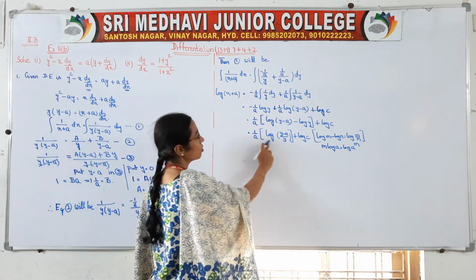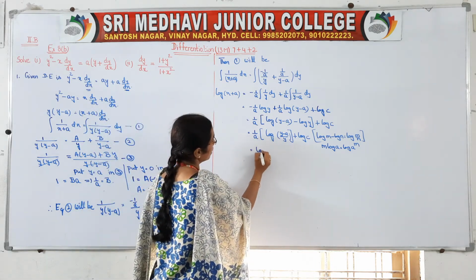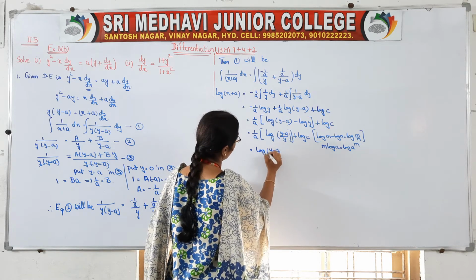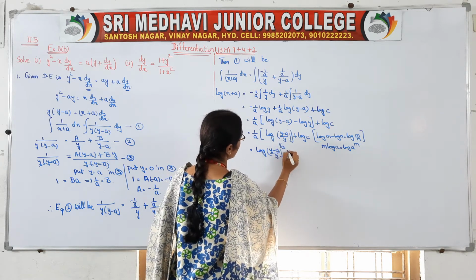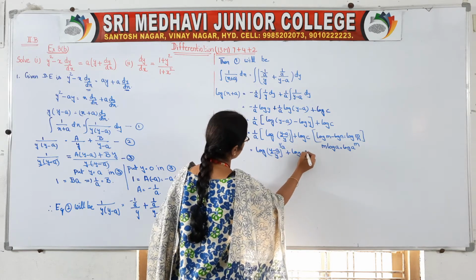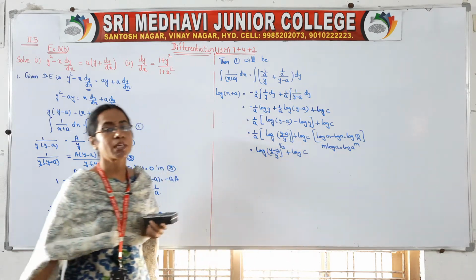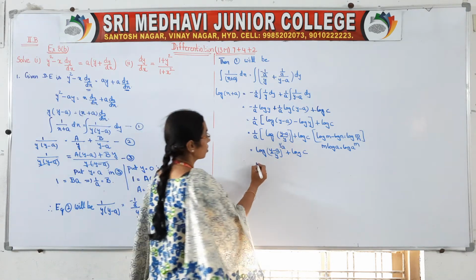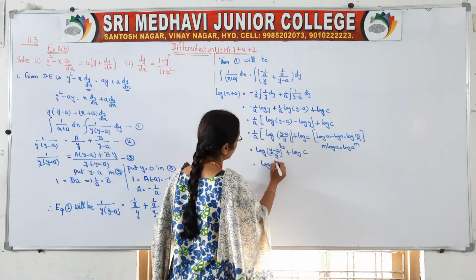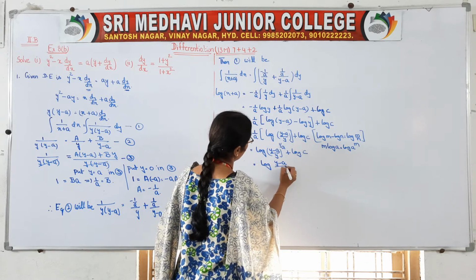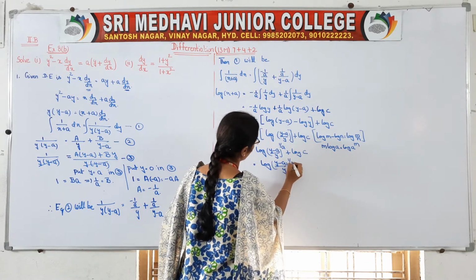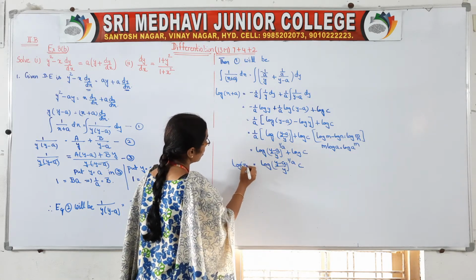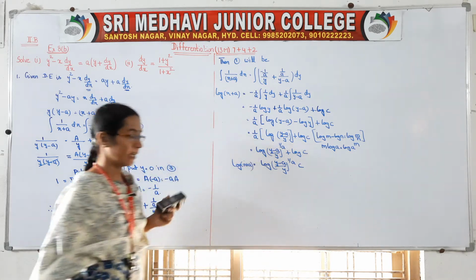So 1 by a times log of (y minus a) by y is equal to log of ((y minus a) by y) to the power of 1 by a, plus log c. Then log m plus log n is log of m into n. So it is equal to log of ((y minus a) by y) to the power of 1 by a, into c, is equal to log of (x plus a).